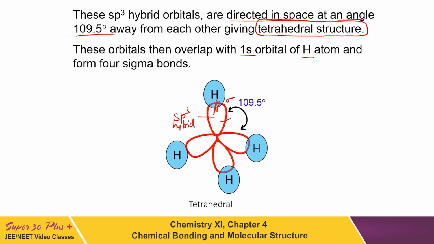The only difference, students, is that previously we said that a bond is formed directly by overlapping. But now we say that bonds are formed by first hybridization and then overlapping. First of all, hybridization takes place. After hybridization, overlapping takes place. This is what we say now. All right, I hope you are getting it.